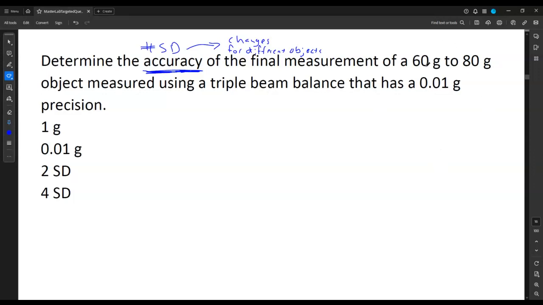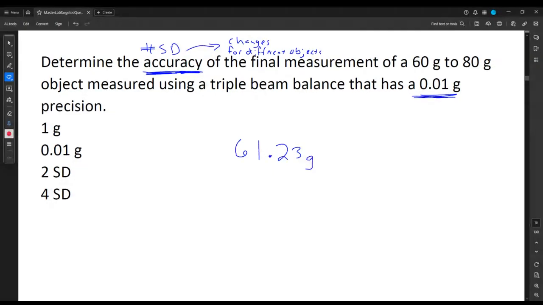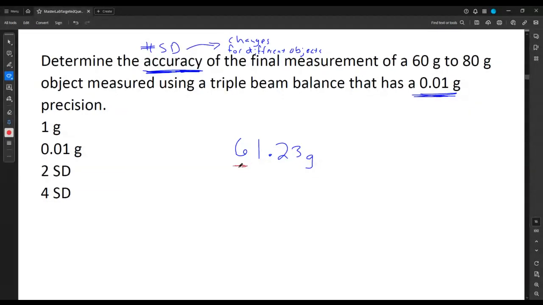Okay, so if we have some measurement that's between 60 and 80 grams, but it has a precision of 0.01 grams. So remember, precision basically is telling you how many decimal places you want. So let's make up a number as an example. Let's say that we have 61.23, because why not? Then our number of significant digits is going to be how many different important pieces of information do we have here?